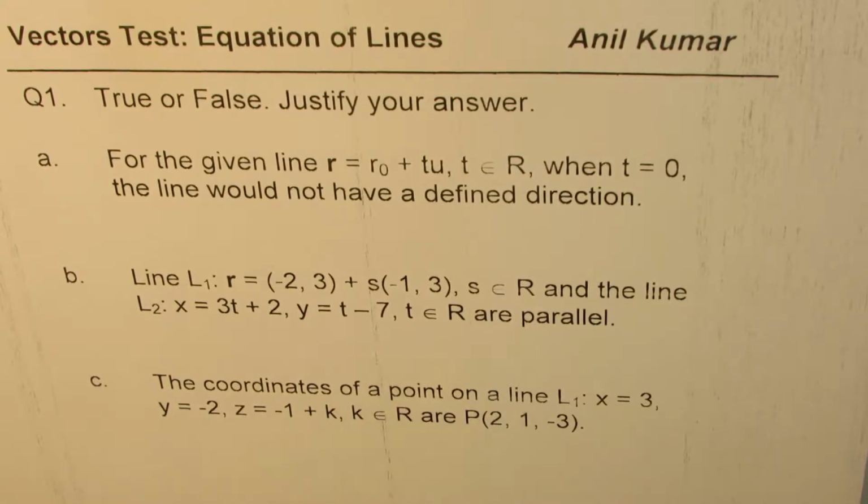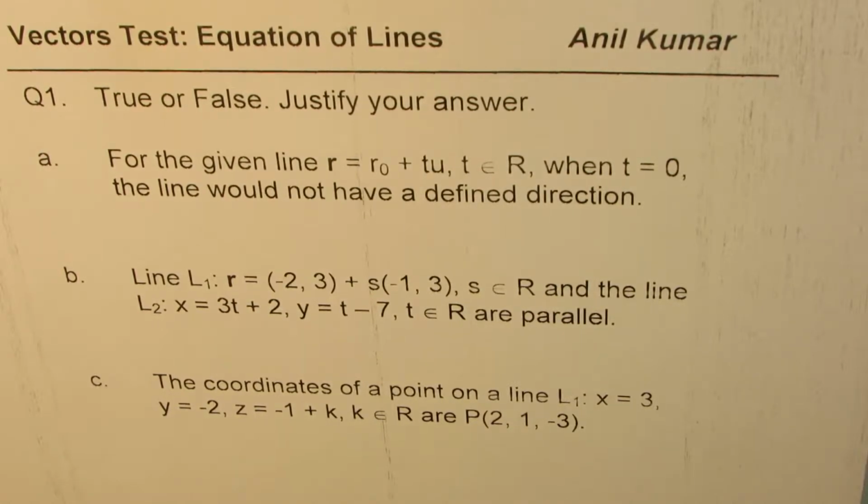You need to justify whether it is true or false. C is the coordinates of a point on a line L1, x equals 3, y equals -2, z equals -1 plus k, where k belongs to real numbers, are P(2, 1, -3).